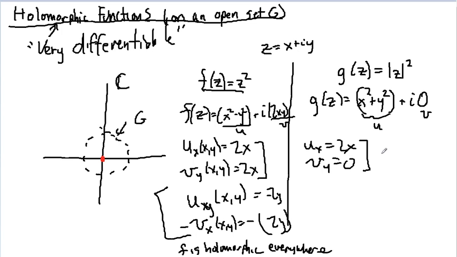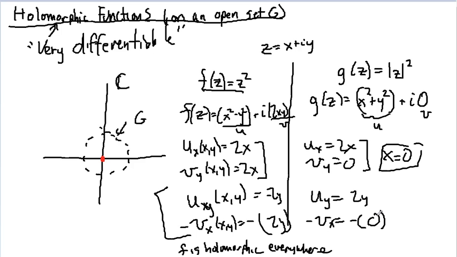As I described, this is only true if x is equal to 0. Similarly, uy is equal to 2y, and negative vx equals 0. So again, in order for these two things to be equal, y needs to equal 0. At the point 0, 0, all these partials are continuous, so we're perfectly fine.